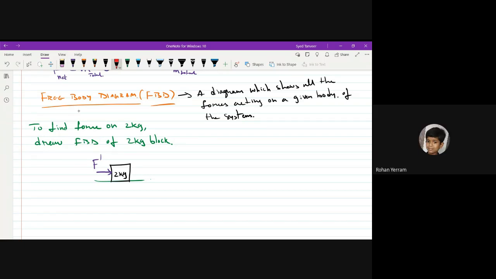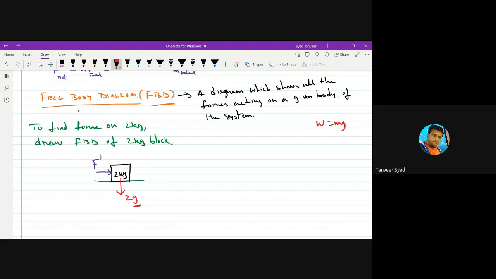Sir, vertically downward. This is the weight of the 2 kg block. How much will be its weight? 2g. W is equal to mg. Mass is 2 into g. 2g. Don't think that this g is gram. It is not gram. 2 into g, acceleration due to gravity. W is equal to mg. Weight is acting vertically downward.